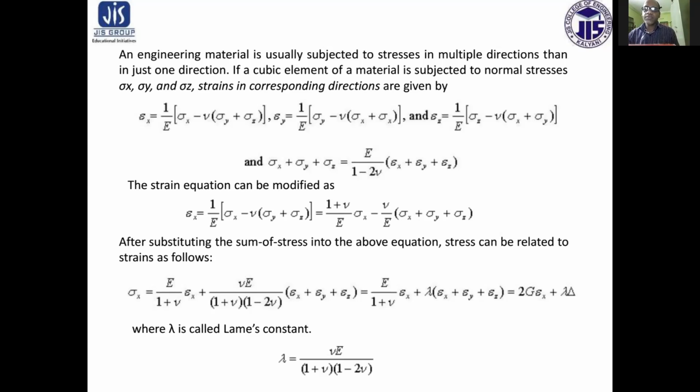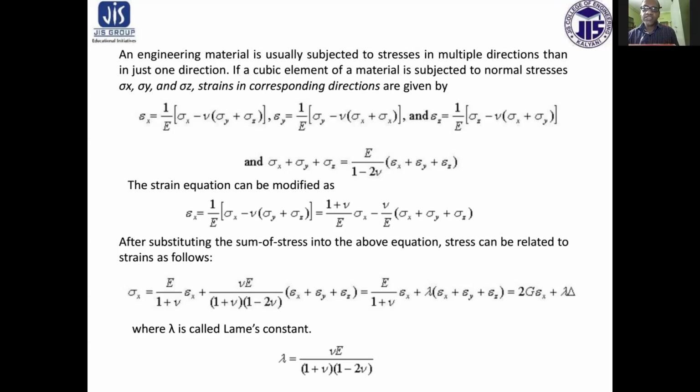Engineering materials are usually subjected to stresses in multiple directions rather than in just one direction. If a cubic element of material is subjected to normal stresses sigma x, sigma y, and sigma z, the strains in the corresponding directions are given by this equation.